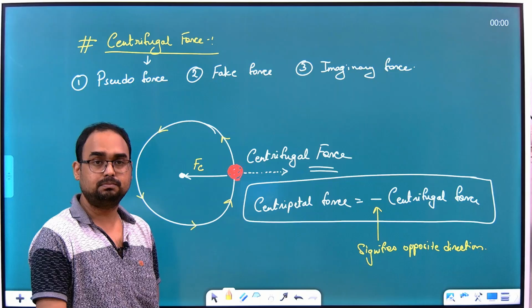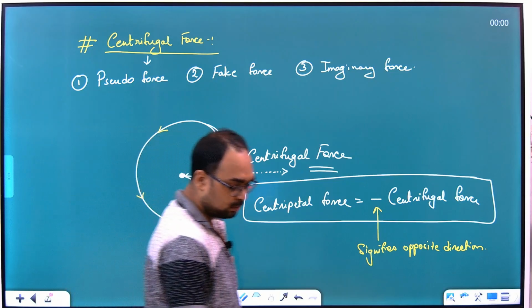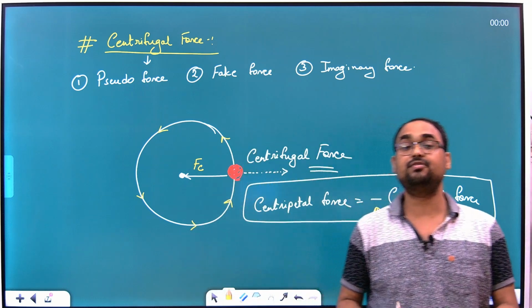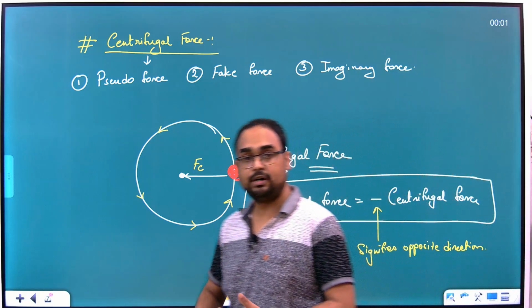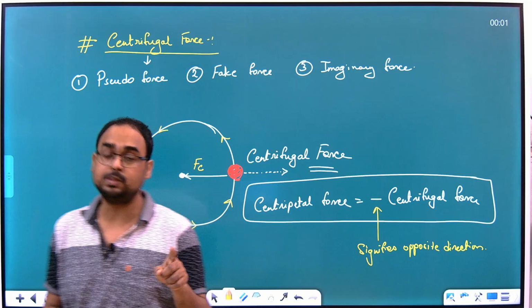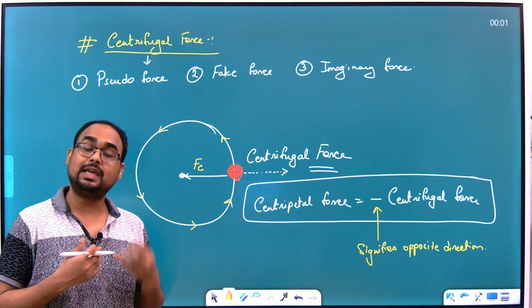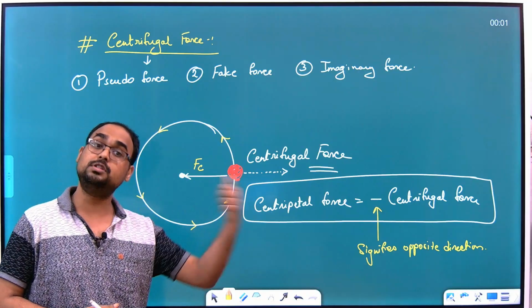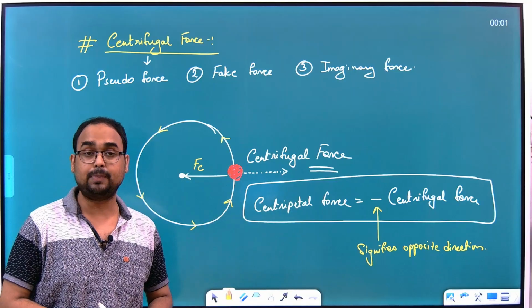Okay, I hope the centrifugal force is clear. I'll just go through it once more. Centrifugal force is a fake or pseudo force because it cannot be felt by a body. It is the centripetal force which is felt. Now, it is assumed that to keep an object in an equilibrium or in a steady position, there has to be an opposite force counteracting the centripetal force.